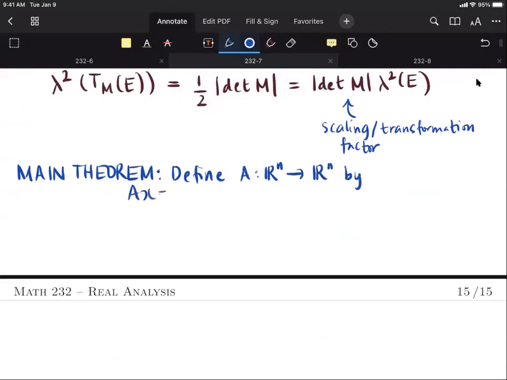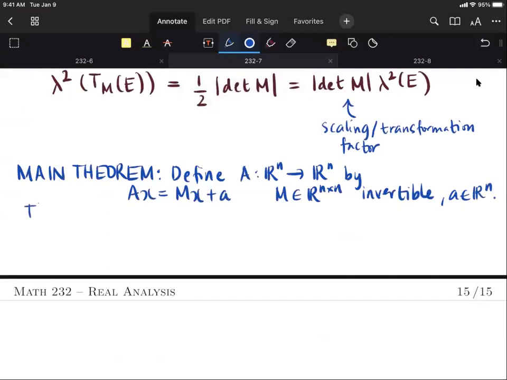So Ax is equal to Mx plus a, where M is an n by n matrix that is invertible, and a is in Rn.